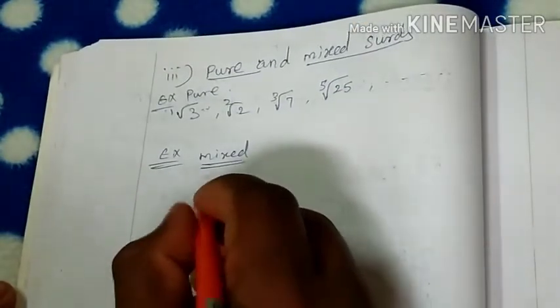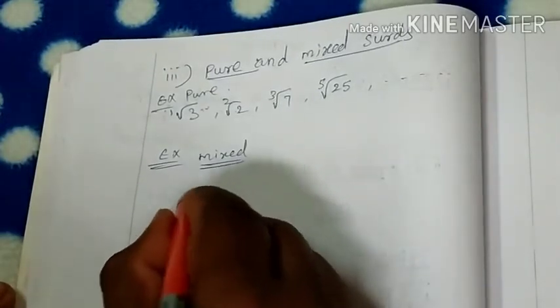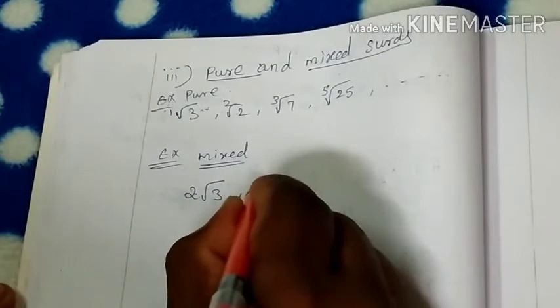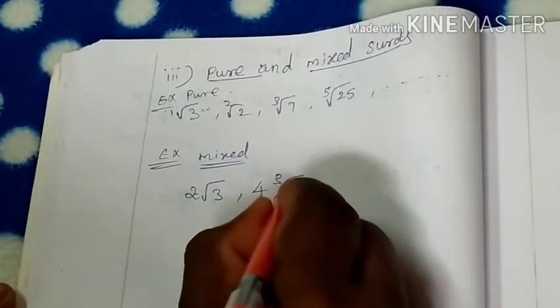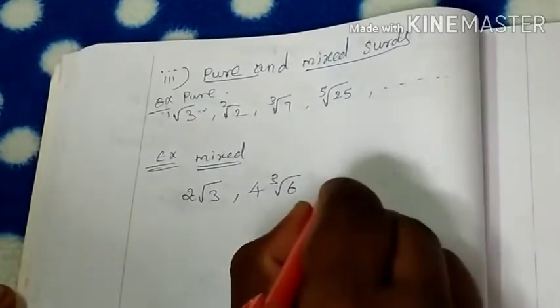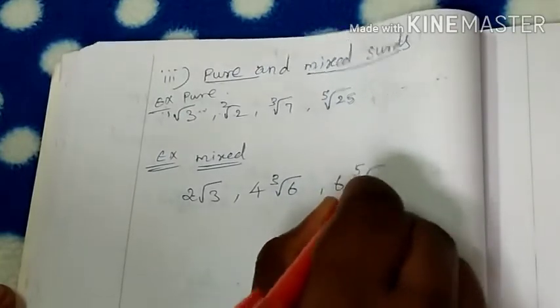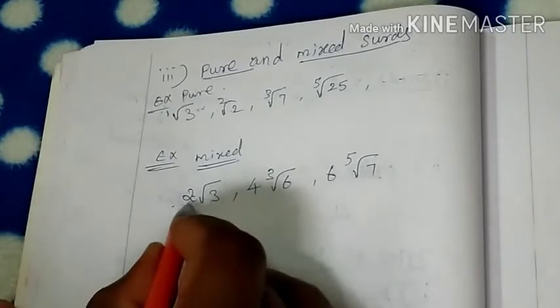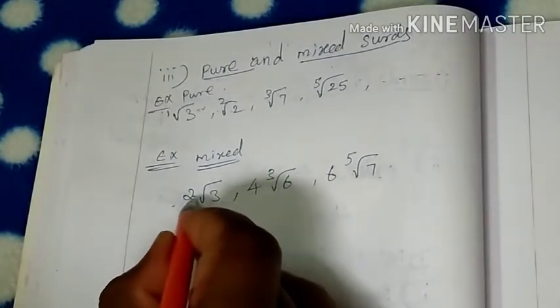The examples: 2 root 3, 4 cube root of 6, and 6 fifth root of 7. The coefficients here are not equal to 1.